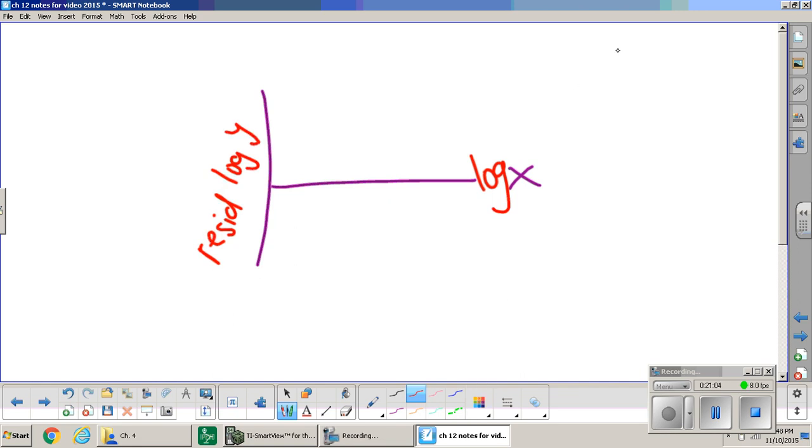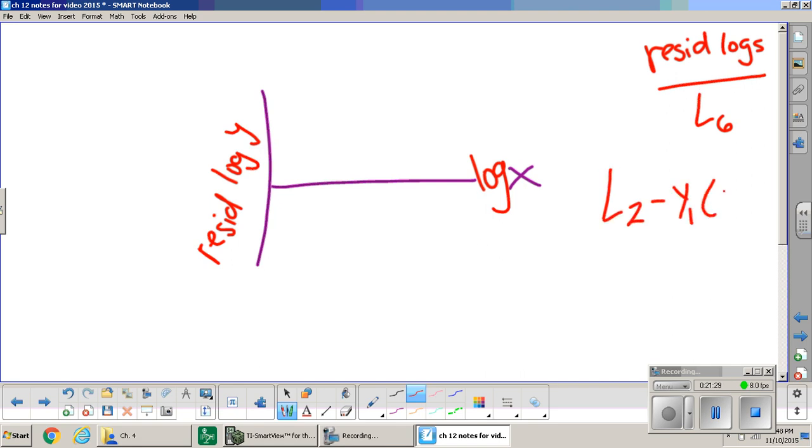Okay, so when you on your calculator go to graph this, what list are you going to put your residuals of the logs on? That's right, L6. It's finally time to use the sixth list, and we're all in the same problem still. So to get those residuals, remember we used to do L2 minus Y1 of L1.